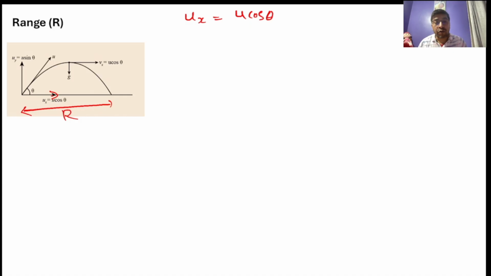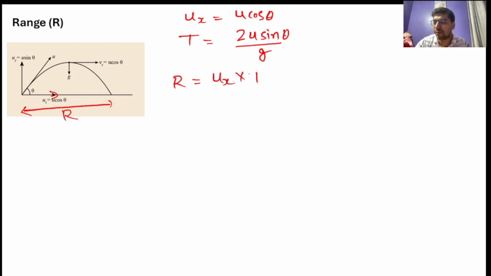Now, how long will it travel in the horizontal direction? Till the time it falls on the earth, which is the total time of flight. And the total time of flight is T equal to 2u sine theta divided by g, right? So now range will be horizontal velocity into time of flight.